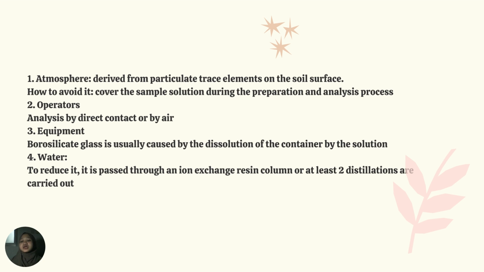To reduce it, it is passed through an ion exchange resin column, or at least two distillations are carried out. Atmospheric contamination is mainly derived from particulate trace elements on the soil surface and suspended material in the atmosphere. The simplest way to avoid atmospheric contamination of samples is to cover the sample solution during preparation and analysis.